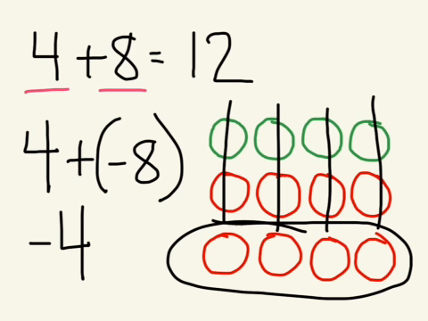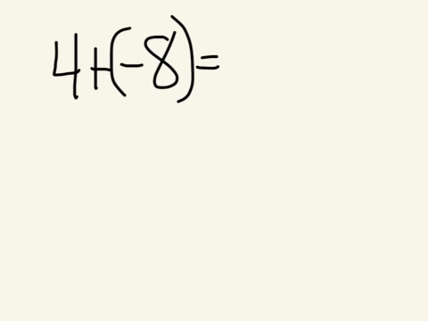So my answer is negative 4. If you pay attention, you can see that even though you are adding 4 plus a negative 8, you're actually subtracting. So I'm going to take this 4 plus negative 8 and go to the next page and elaborate on what we did. So we had 4 plus a negative 8. What we actually did here was, like I said, we subtracted, right?